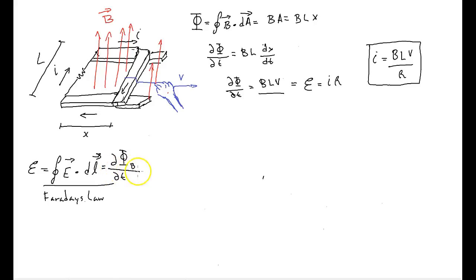What is the power equation for circuits? Yeah, I squared R. Okay, so here's I. So the electrical power is I squared times R. That's going to be B squared L squared v squared over R, because it's R squared, but then you multiply by R. So this is the power output of our electrical generator. Make sense?